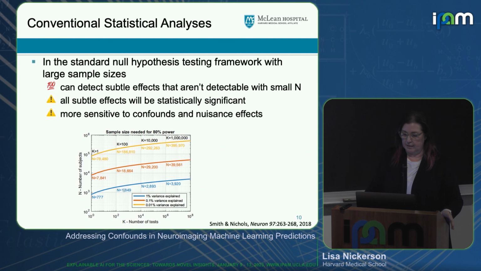So you get a high level of significance, even though the variable isn't even explaining 1% of the variability in the non-imaging phenotype.